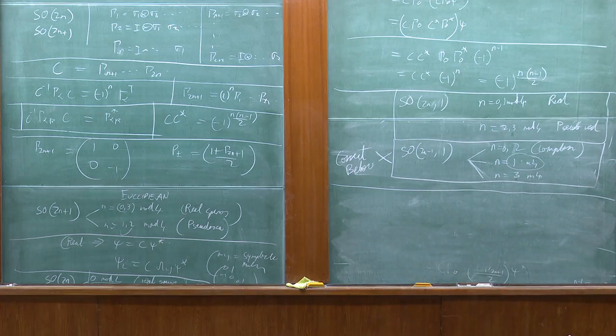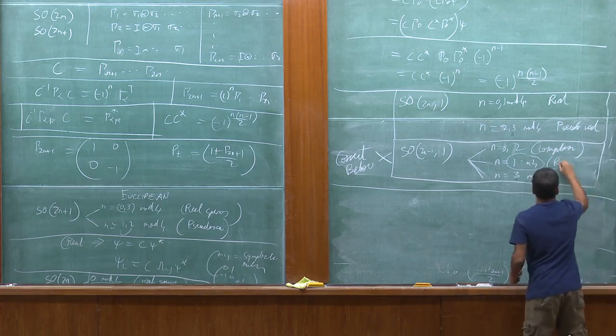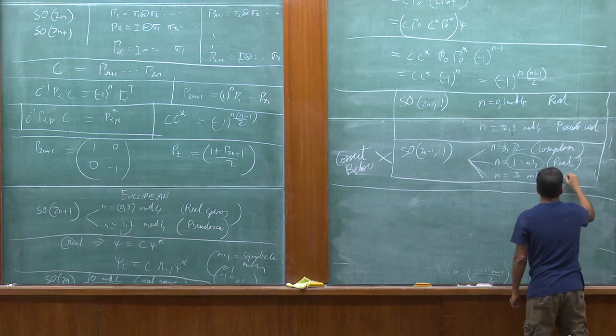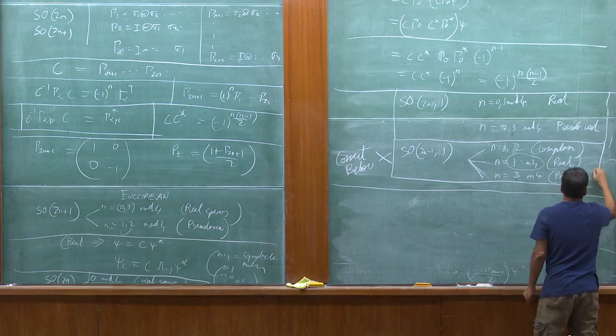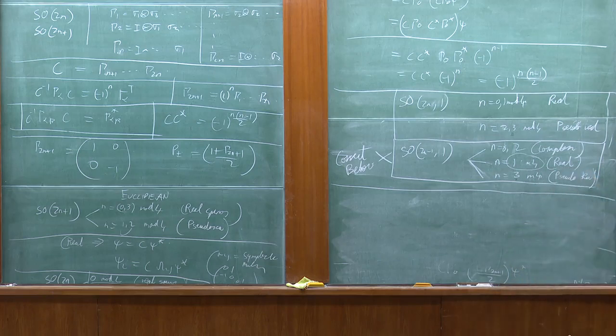So in 6 dimensions, I should have written here real, and here we have pseudo-real. So in 6 dimensions, spinors are pseudo-real. 5 plus 1 dimensions, spinors are pseudo-real. You don't have real spinors, but you have pseudo-real complex chiral spinors.